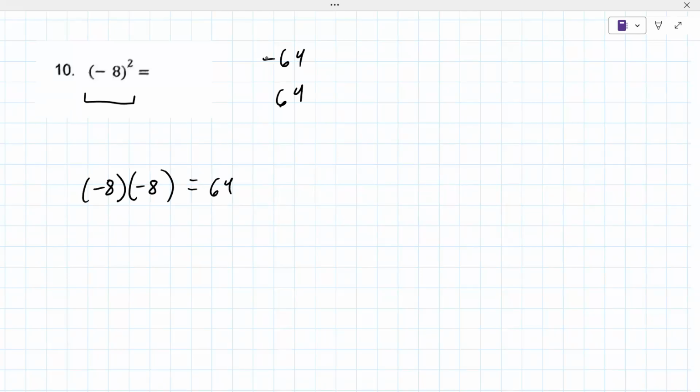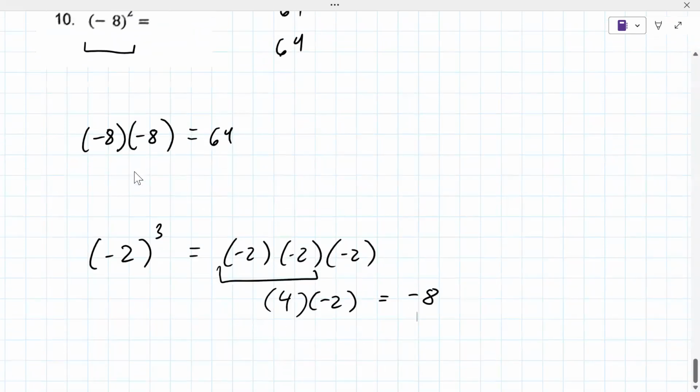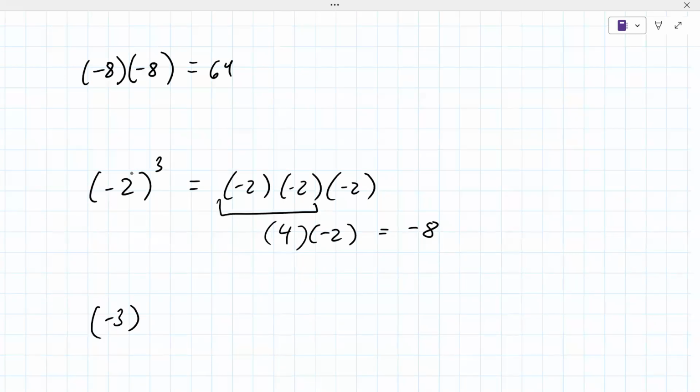Oh, yeah. Sorry, I was thinking of a negative plus a negative. But let's say it's like -2 to the power of 3. This is -2 times -2 times -2. So these two give you 4. 4 times -2 gives you -8. What would -3 to the power of 3 be? 27.